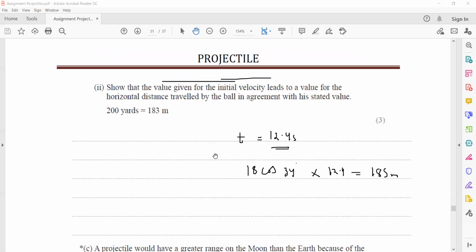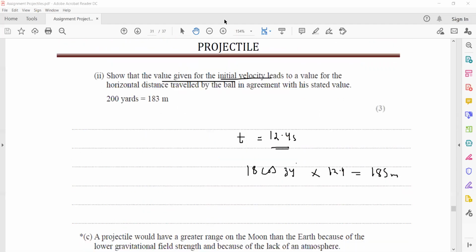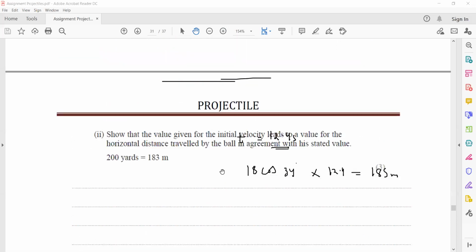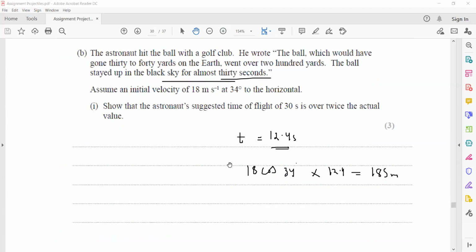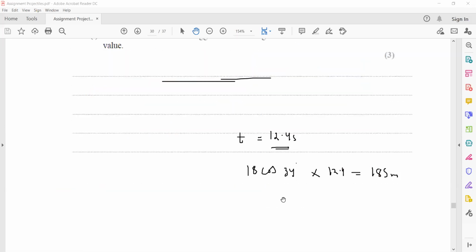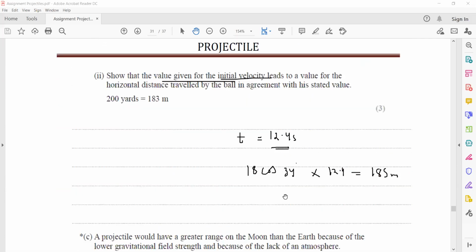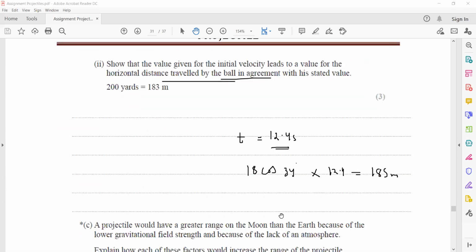So that's true because astronaut suggested it will cover around 200 yards and it is covering, like, went over 200 yards. So that's true because 183 meters equals 200 yards and it is covering 185 meters, which is more than 200 yards.